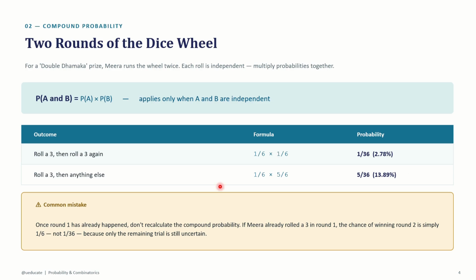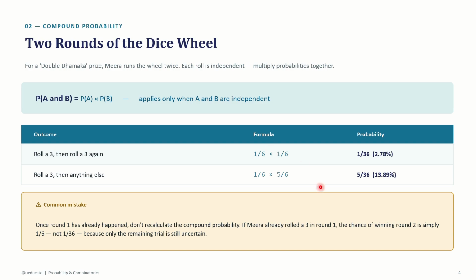If Mira has already spun the wheel once and gotten a 3, the probability of her also winning round 2 is not 1 in 36 anymore. The first roll already happened and it's no longer uncertain. So only the second roll matters now, and the probability is simply 1/6. So always ask yourself, how many trials are still actually in the future?